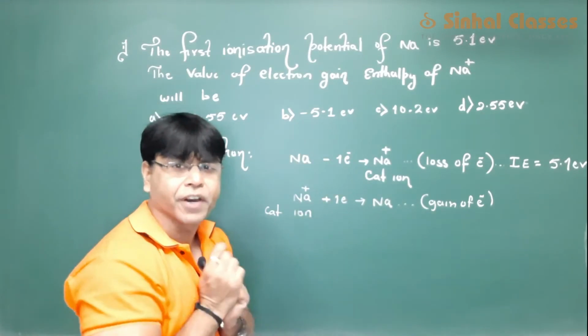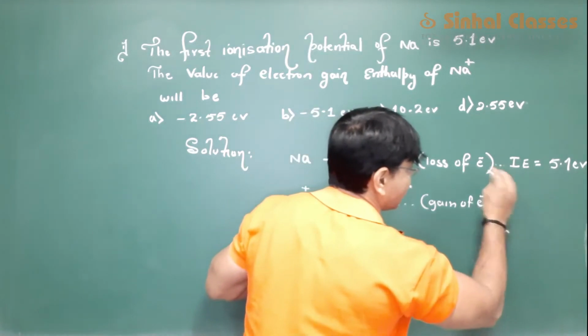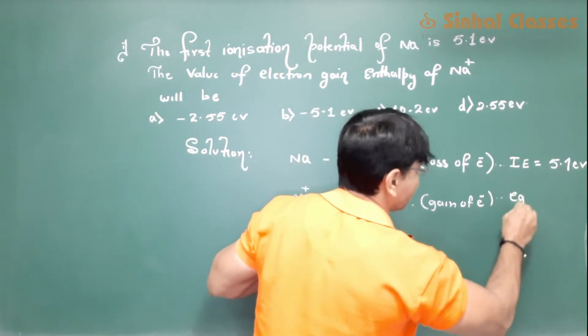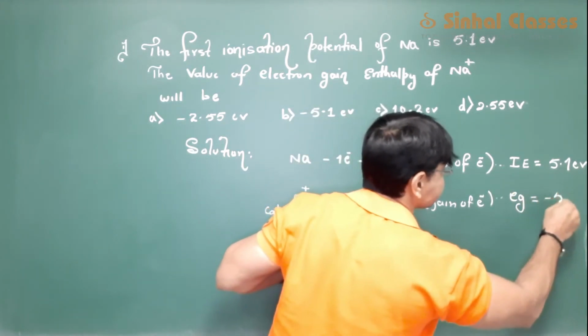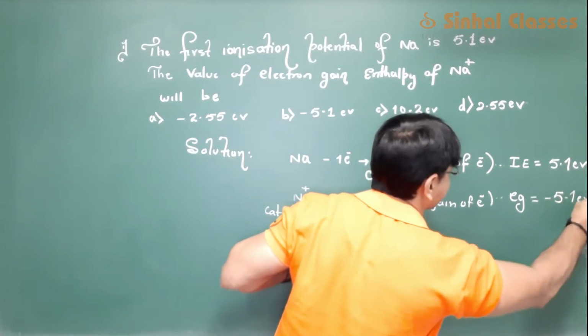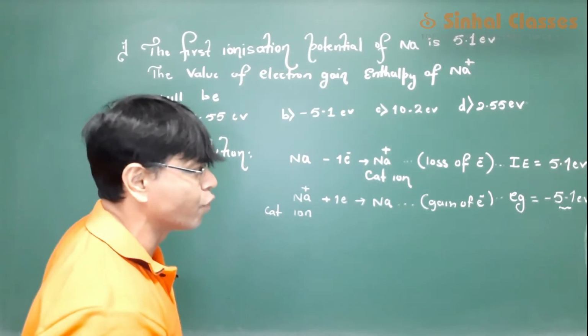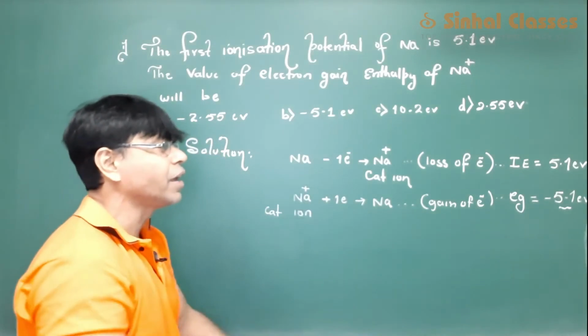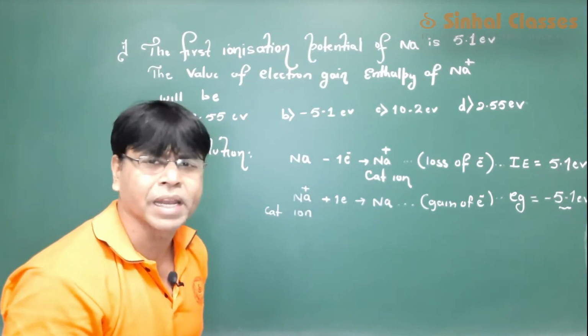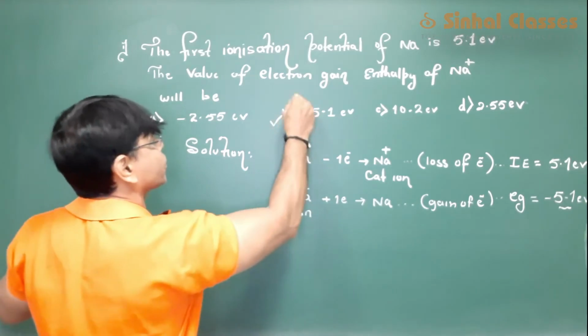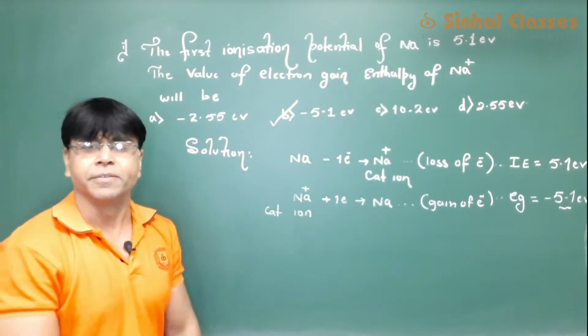Only the sign will differ. So if the ionization energy is 5.1 electron volt, then electron gain will be minus 5.1 electron volt. So your answer for this question is B.